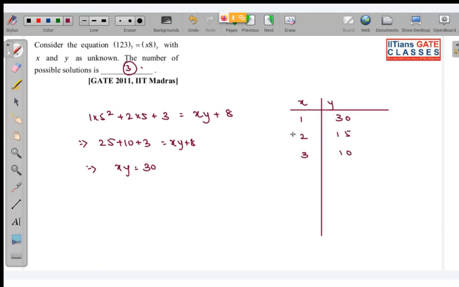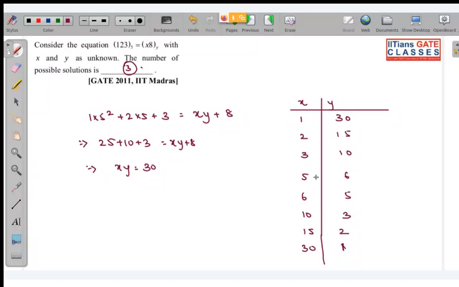Here we need to have whole numbers only. So if it is 5, it will be 6. If it is 6, this will be 5. For x 7, 8, 9, there will be no combinations of whole numbers. For 10, this will be 3. For 11, 12, 13, 14, we don't have any combination. For 15, this will be 2. And if it is 30, this will be 1.